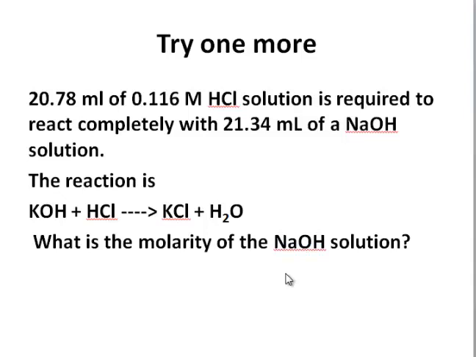We'll try one more. 20.78 milliliters of 0.116 molar HCl solution is required to react completely with 21.34 milliliters of a sodium hydroxide solution. The reaction is NaOH plus HCl equals NaCl plus H2O.